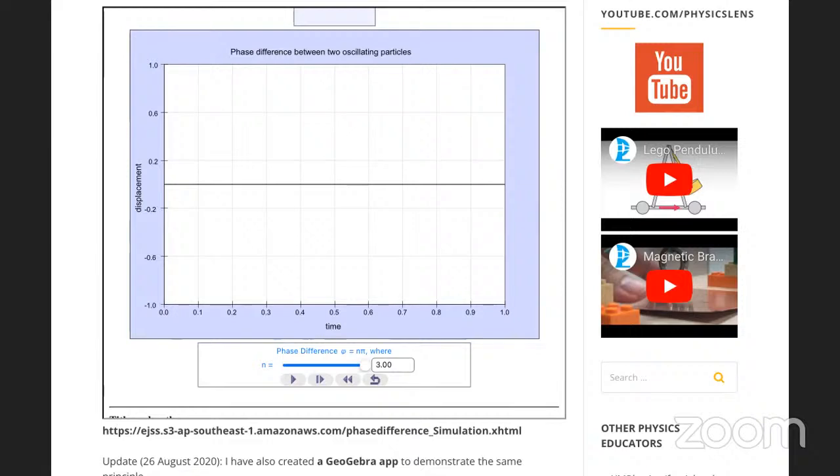Try to figure out what pi was, and then 2 pi, and then that will help you. Anybody have a guess? What do you think 3 pi will look like?